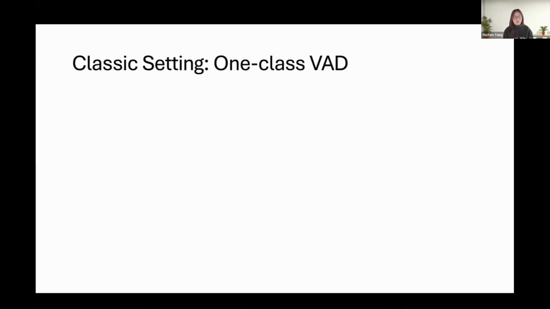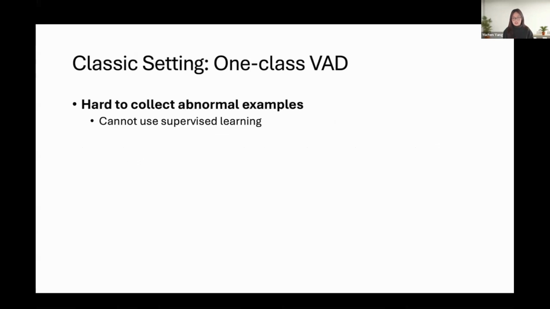So let's start by understanding the classic setting for one-class video anomaly detection. In this setting, it's hard to collect abnormal examples, which makes supervised learning methods impractical since we do not have that many labeled anomaly datasets for training.